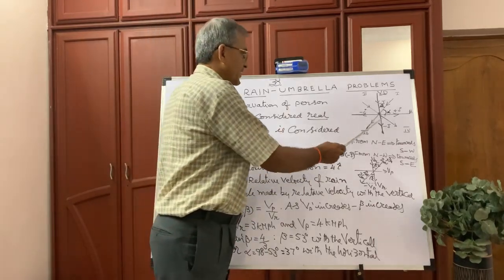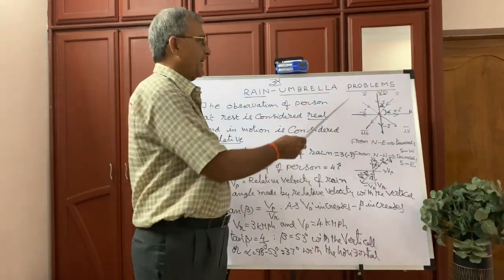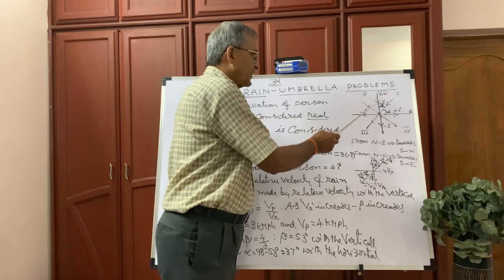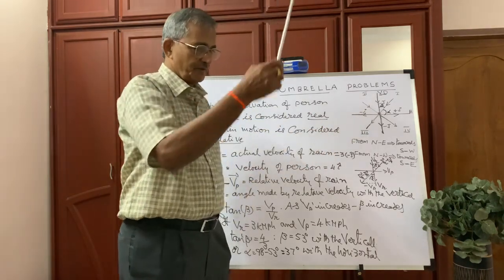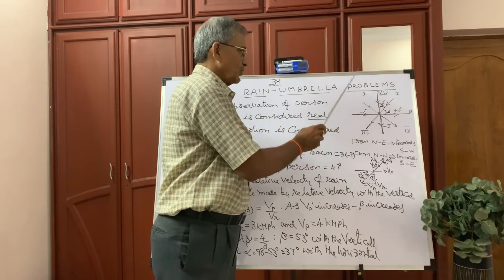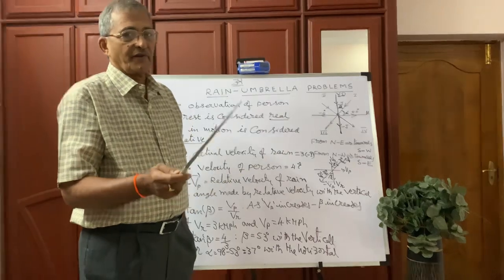Only the direction is horizontal, that is the person's velocity direction. And rain direction is explained with reference to the vertically downward direction because rain is always falling down. So I consider the vertically downward direction as one reference and the horizontal direction as another reference.